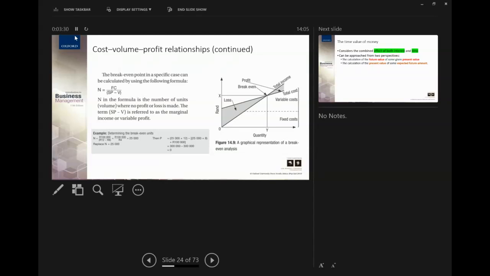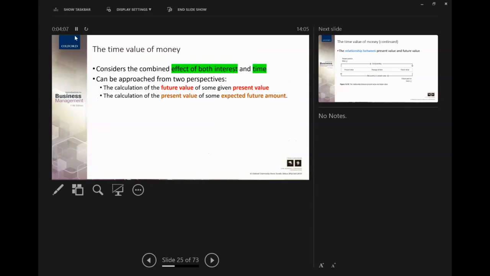Here you can see shaded, before that point where the total income line and your total cost line cross, the whole shaded area is where we're making a loss. So let's say the break-even point is 20 units. We would immediately know anything below 20 units, we're making a loss. Anything past this point, we're making a profit. So worst case scenario, let's make sure that we at least produce and sell 20 units.